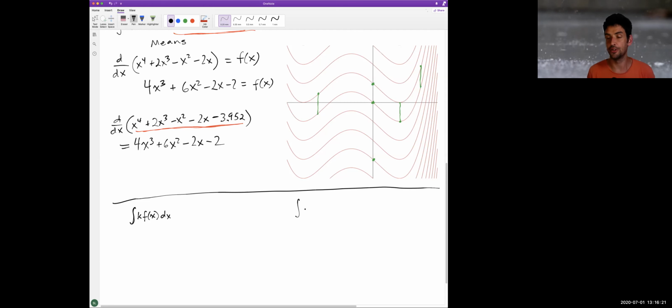Suppose I had an antiderivative of f of x equals capital F of x. Right? Now let's take the derivative of a constant times f of x. Our derivative rule says that constant can come out front.